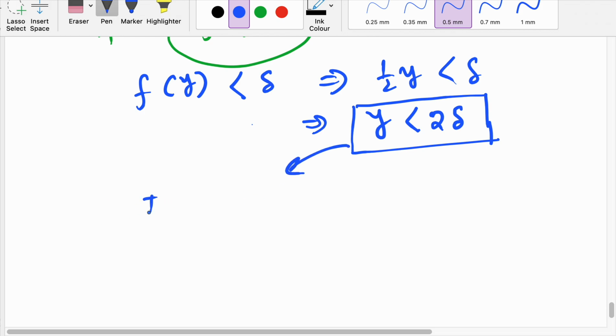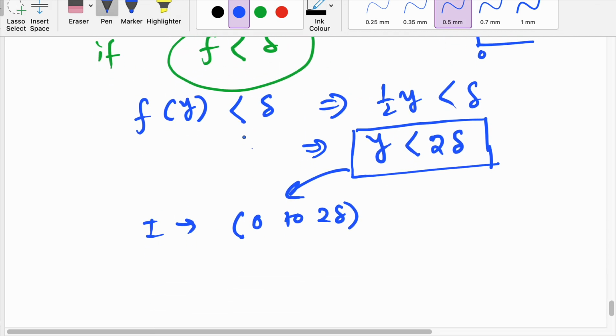So if I take the interval 0 to 2 delta, then for every y in this open range, f(y) will become half of y, which becomes less than delta, and if f is less than delta, all higher iterates will always be less than delta.